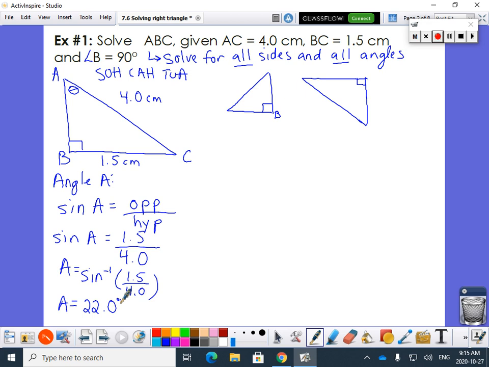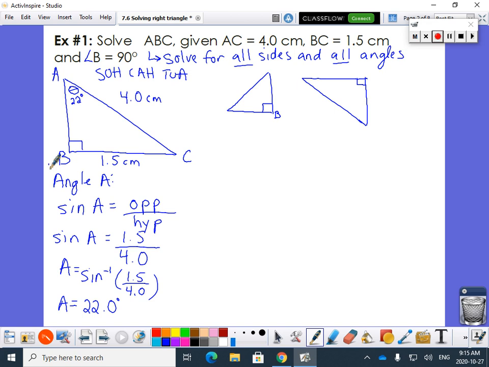Okay, so you could also have sine to the -1 and then in brackets the decimal here. If you did that on a test, that's fine. Okay, so I'm going to fill that in here. I'm going to put 22 degrees.